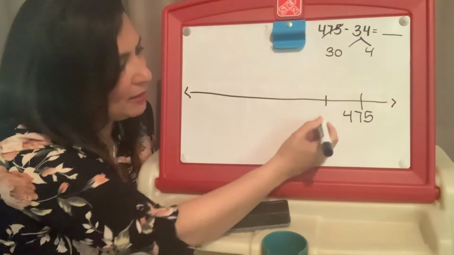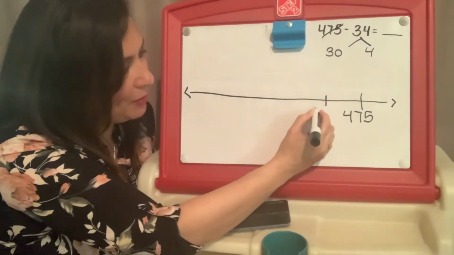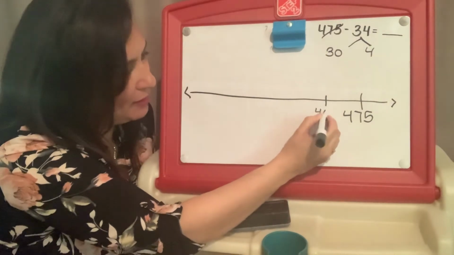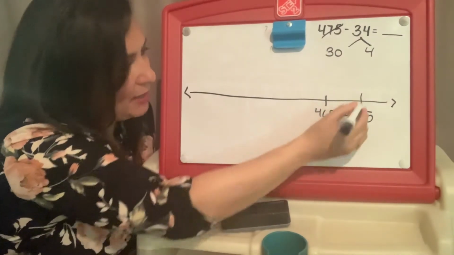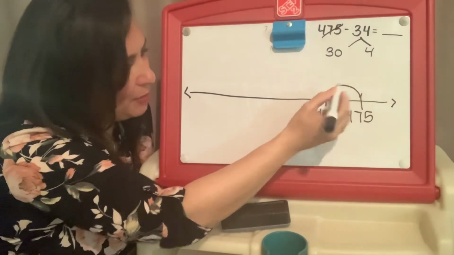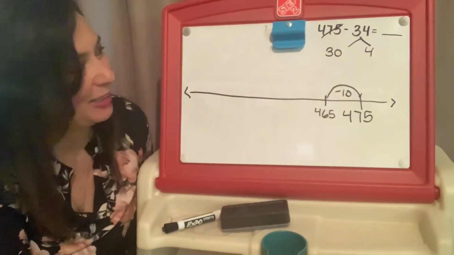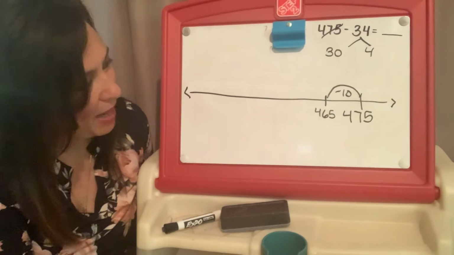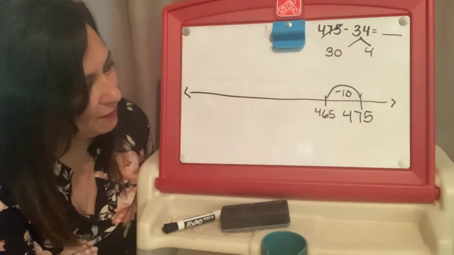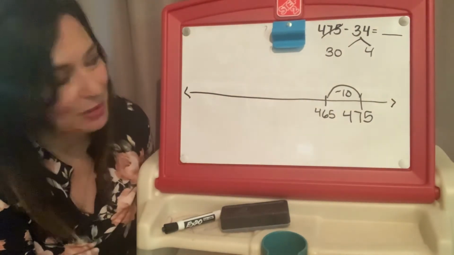475 subtract 10 equals what? Say it, boys and girls. 465. Fantastic. I'll draw the jump and I'll label it subtract 10. I want to jump back another 10, so 465 subtract 10 equals what?